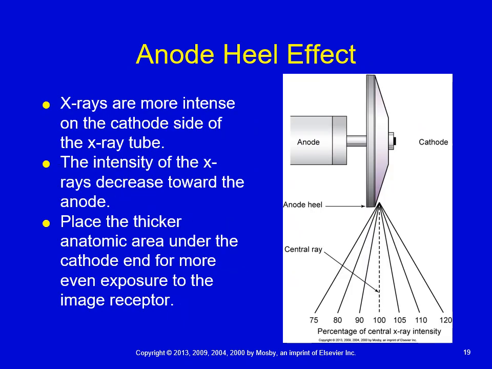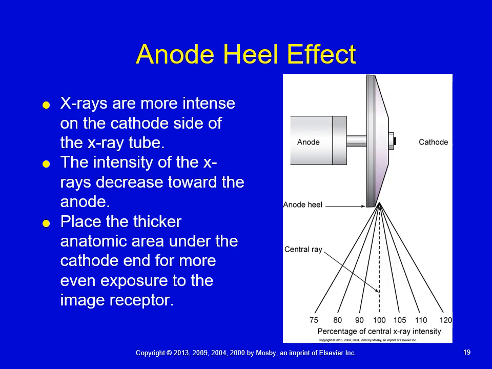All right, next, a trade-off of the line focus principle is the anode heel effect. This is something that we can actually use to our advantage if we were imaging a part that has what we call unequal thickness and density. Some of those parts would be the T-spine, the femur, tib-fib, maybe forearm, maybe humerus.